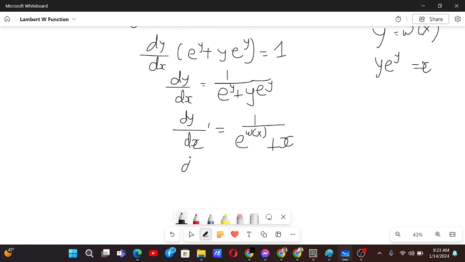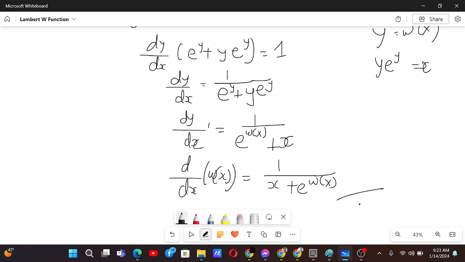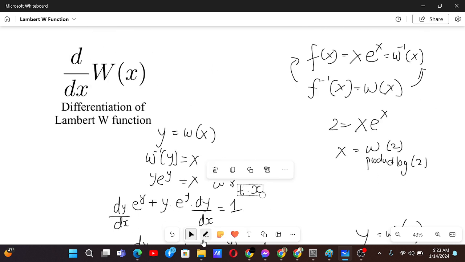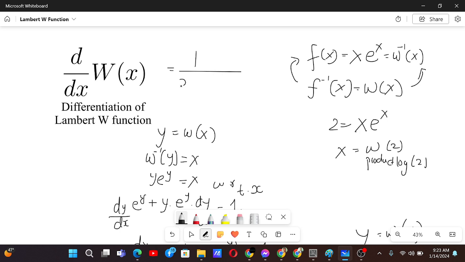So we can just write: d by dx of Lambert W of x equals 1 by x plus e to the power Lambert W of x. This is the answer, and I hope you got that.